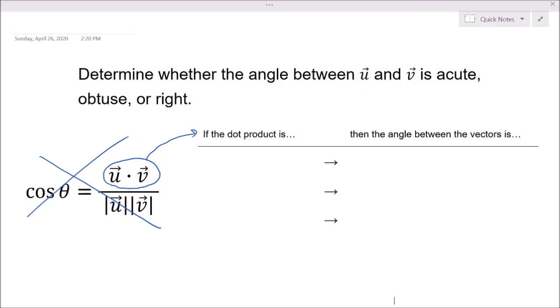So here's a little table that summarizes that. So you find the dot product, and if the dot product is positive, right, if it's a positive number, then the angle between the vectors is acute, less than 90 degrees. If the dot product is a negative number, then the angle is obtuse, right? It's big, it's greater than 90.